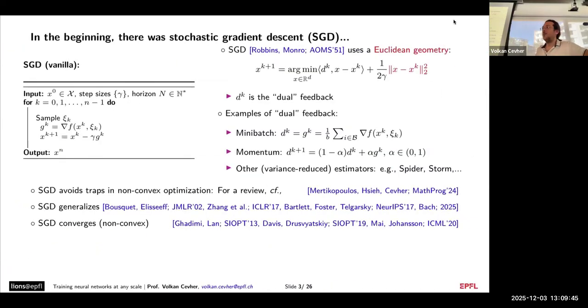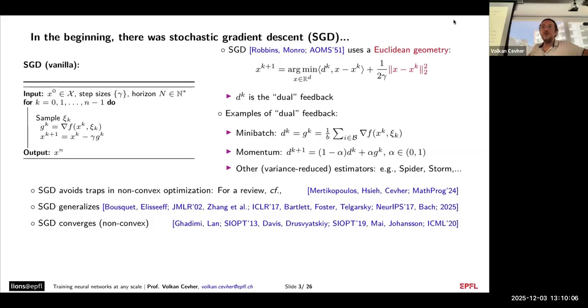Okay, now why am I talking about SGD? Well, SGD turns out to be a key algorithm because when you're doing minimization with neural networks, the problems that you're interested in tend to be non-convex. And you can have traps like saddle points that can attract algorithms and trap them there.